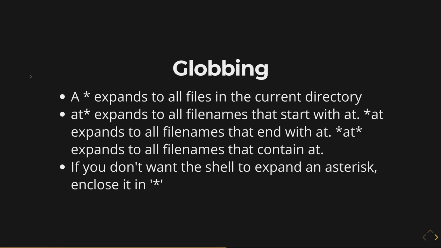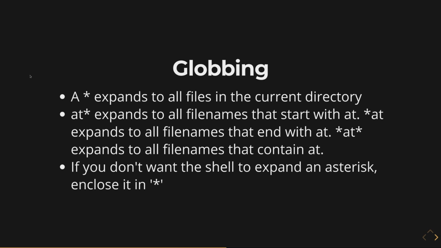And hopefully what you're seeing now is a slide called globbing. This is one of those syntactical constructs that you'll use in bash and the terminal all the time. A glob is nothing but a simple asterisk. There are a lot of characters that have a special meaning in the terminal.